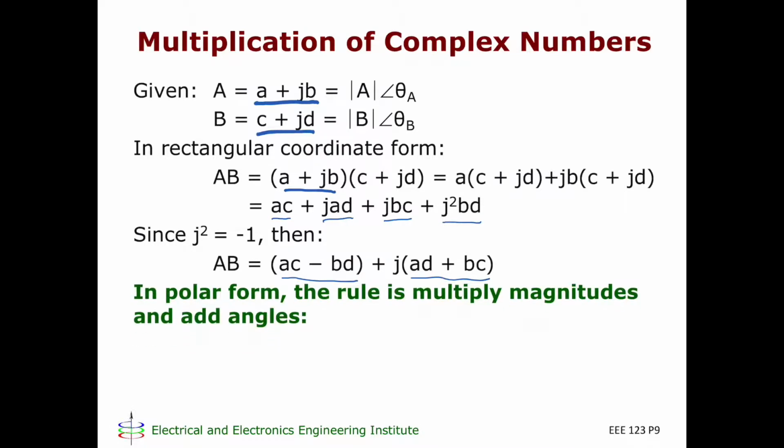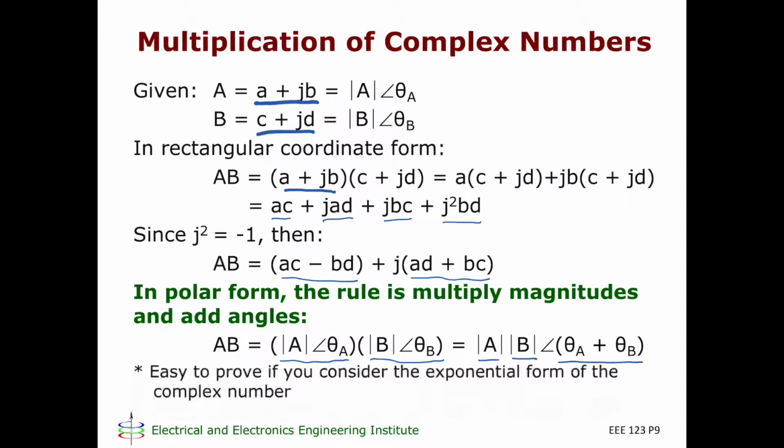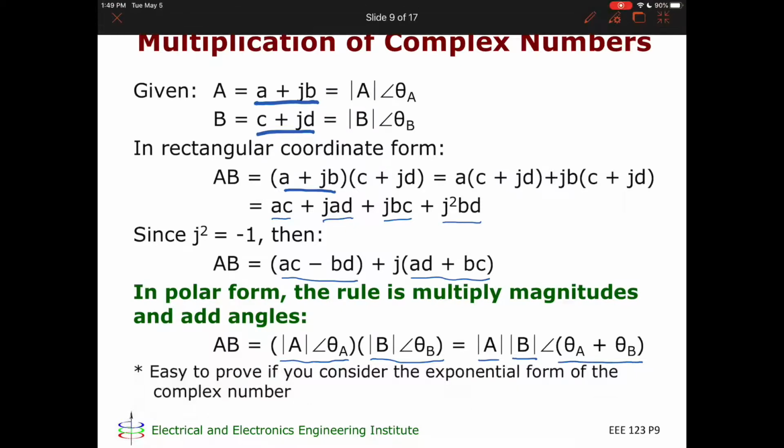It's much easier to do this if the operands were in polar form. The rule would be to multiply magnitudes and add angles. A times B, which is equal to magnitude of A at an angle theta of A times the magnitude of B at an angle theta of B, would now be the magnitude of A times the magnitude of B at an angle theta of A plus theta of B. This is very easy to prove if you consider the exponential form of the complex number.